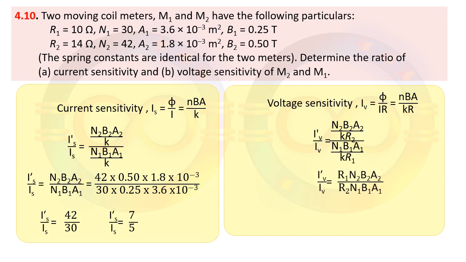So after simplifying, because K and K get cancelled, it is R1 upon R2 into the current sensitivity ratio which we received in the previous calculation. So 7 upon 5 into R1 upon R2, which is 10 upon 14, we will be getting it as 1. So voltage sensitivity ratio is 1, current sensitivity is 7 upon 5. Here you can see current sensitivity is different, but voltage sensitivity is not changed.